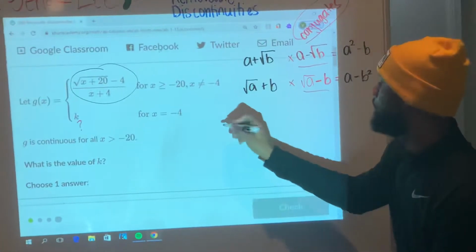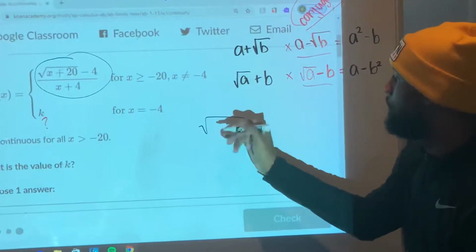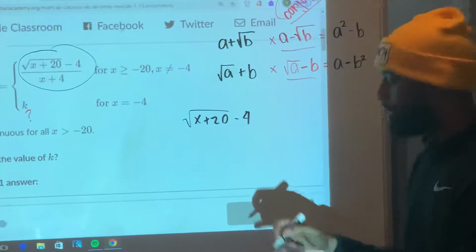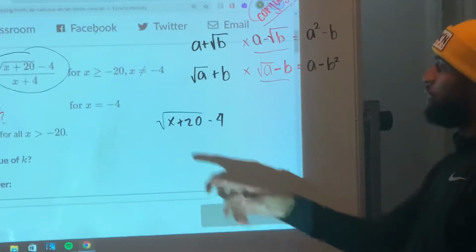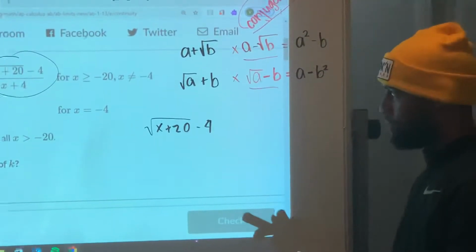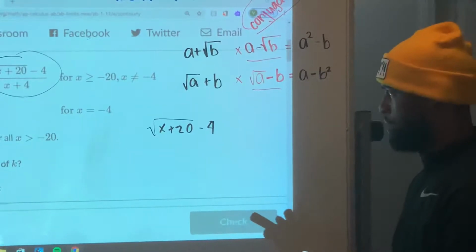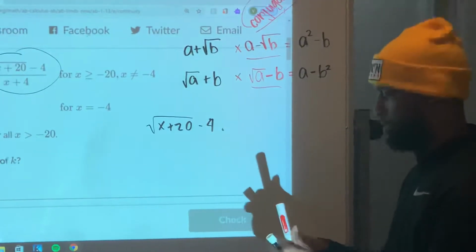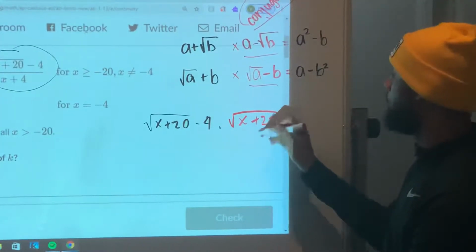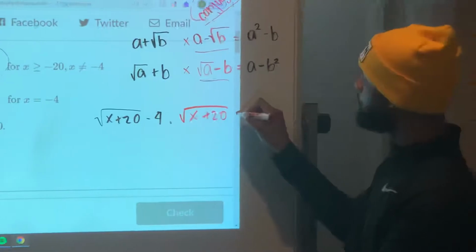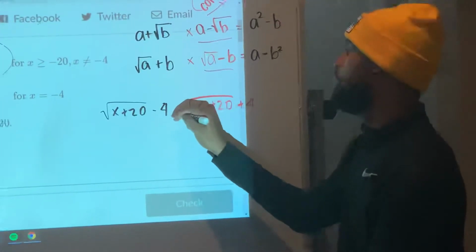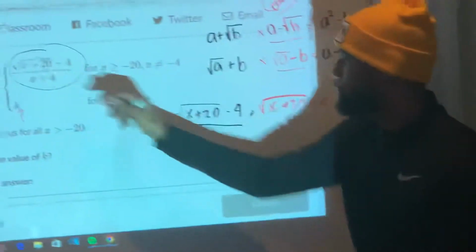So if I have the square root of x plus 20 minus 4, if I want to get rid of this radical right here, I'm going to multiply it by its opposite. And that is the square root of x plus 20, instead of minus 4, I'm going to put plus 4, over x plus 4.